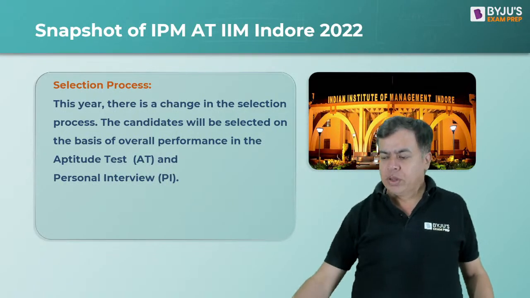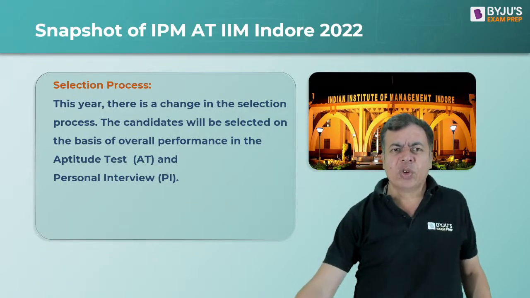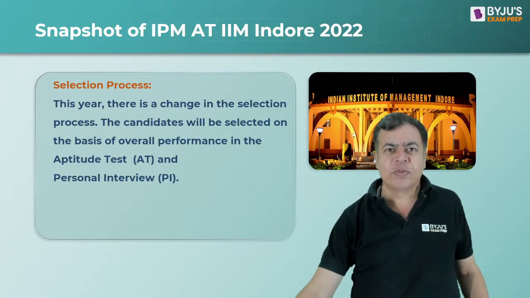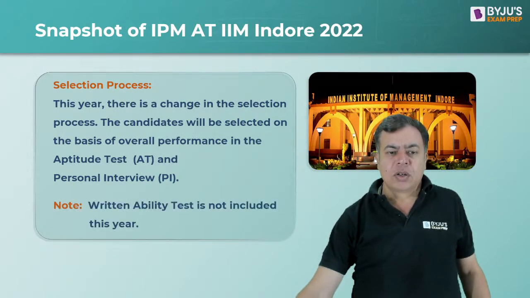Personal interview is sometimes relatively easier for most of you, but you need to prepare for that also, because it carries a huge weightage of 35%. Written ability test is not included this year, so this year it will be only aptitude test plus personal interview.